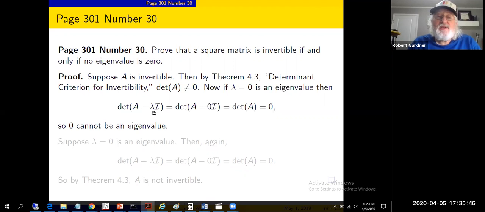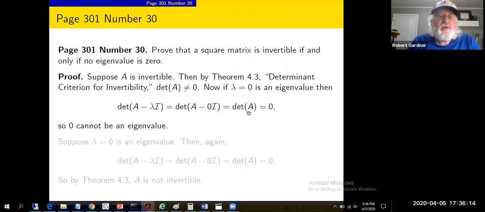That equation would be satisfied if lambda is an eigenvalue. And we're getting a determinant of A equals 0. We just said if A is invertible, the determinant isn't 0. So the assumption that lambda equals 0 is an eigenvalue must be false. Otherwise, we get determinant of A equals 0, and we know the determinant of A isn't 0. So lambda equals 0 cannot be an eigenvalue.